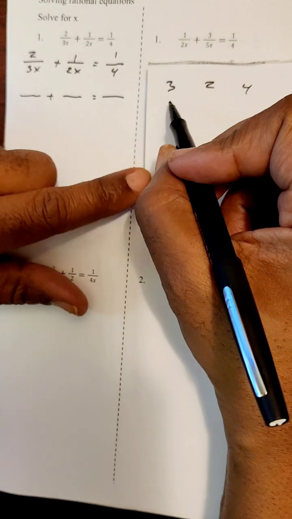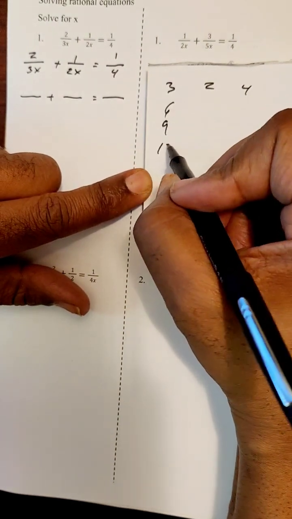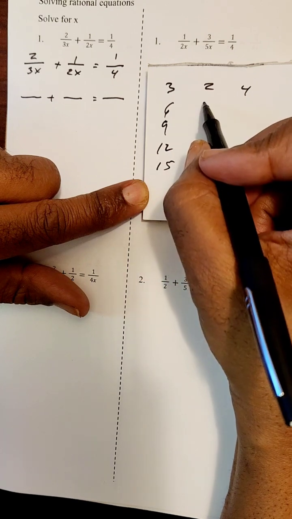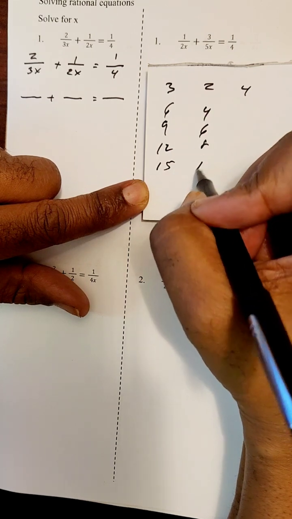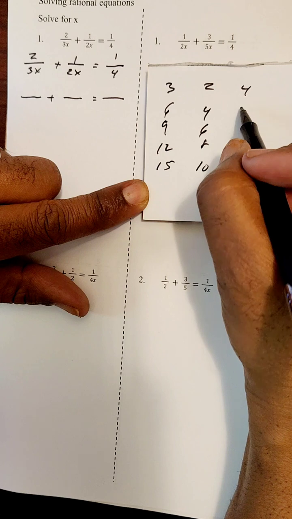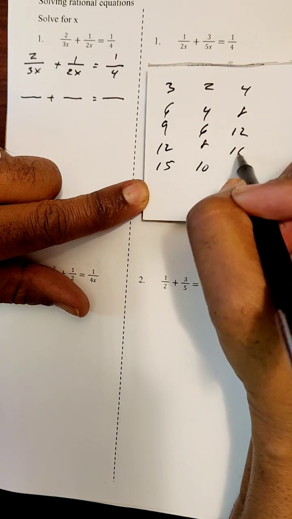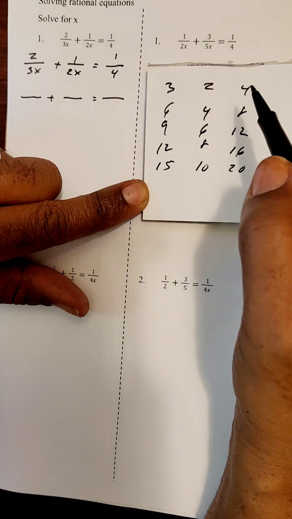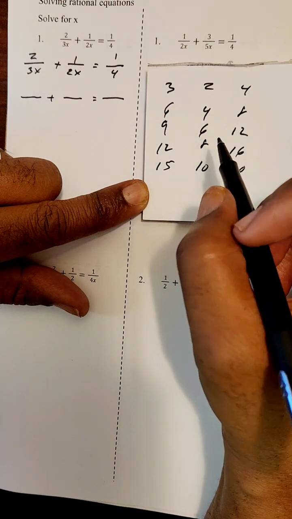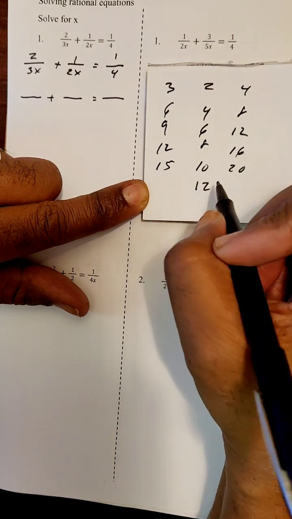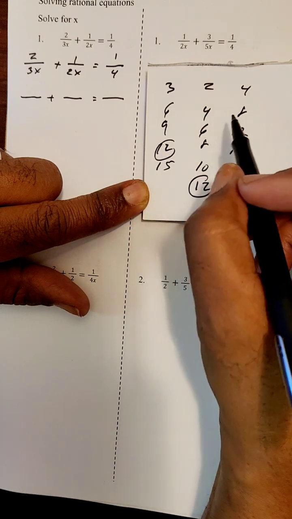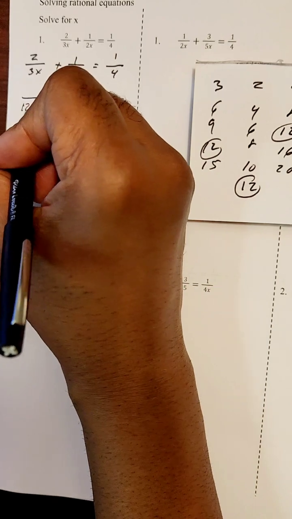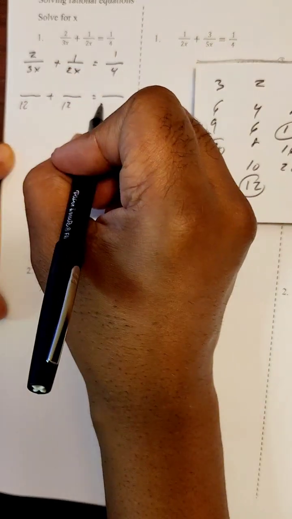So in the 3 times tables, we have 3, 6, 9, 12, 15. 2 times tables, we have 2, 4, 6, 8, 10. 4 times tables, we have 4, 8, 12, 16, 20. And what number do they have in common? Let me go one more here, it'll be 12. So we'll have 12 for all of these.